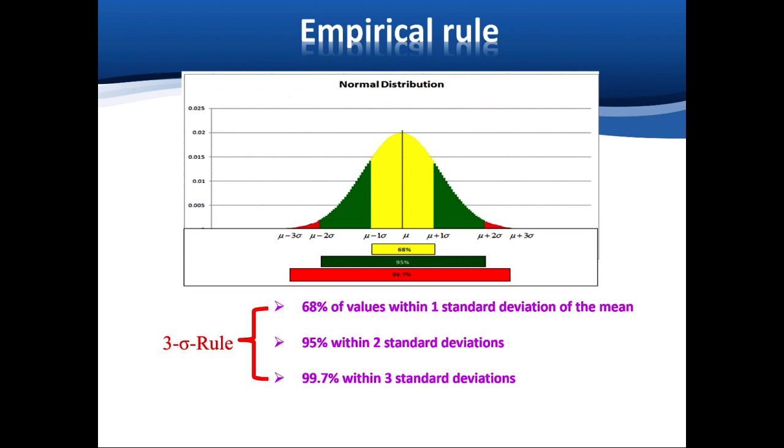Actually, if the data percentage falling within 1 standard deviation is close to 68%, within 2 standard deviations is close to 95%, and within 3 standard deviations is close to 99.7%, the distribution is approximately a normal distribution.